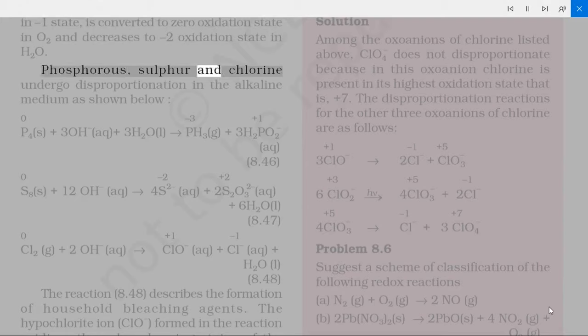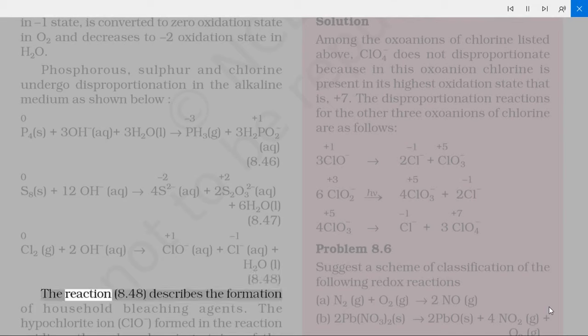Phosphorus, sulfur and chlorine undergo disproportionation in the alkaline medium as shown below: P4(s) + 3OH⁻(aq) + 3H2O(l) → PH3(g) + 3H2PO2⁻(aq) (8.46); 2S8(s) + 12OH⁻(aq) → 4S2⁻(aq) + 2S2O3²⁻(aq) + 6H2O(l) (8.47); Cl2(g) + 2OH⁻(aq) → ClO⁻(aq) + Cl⁻(aq) + H2O(l) (8.48).